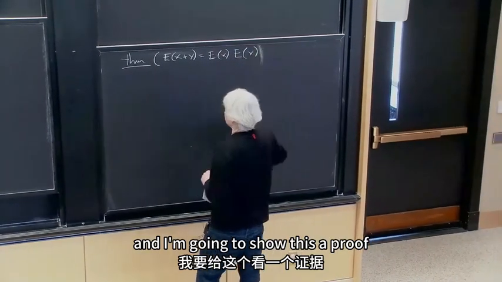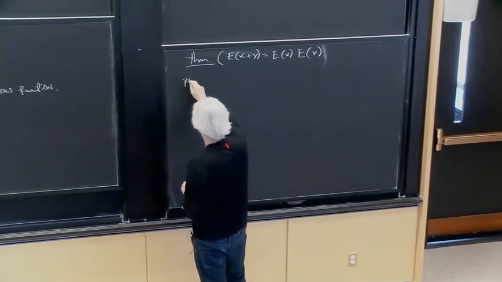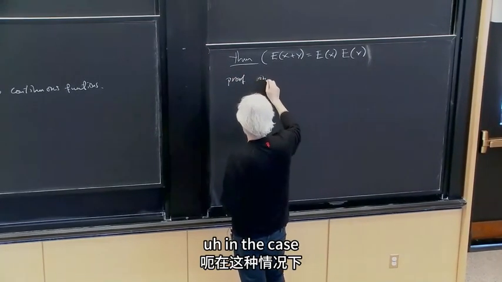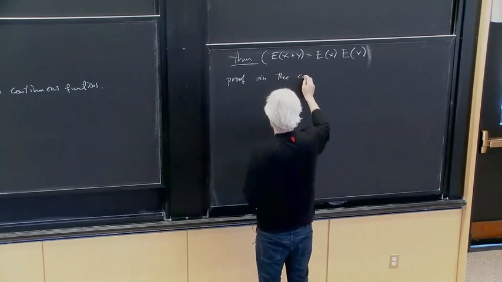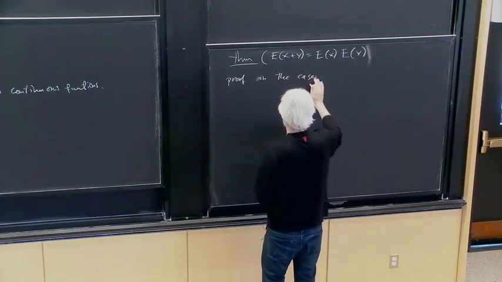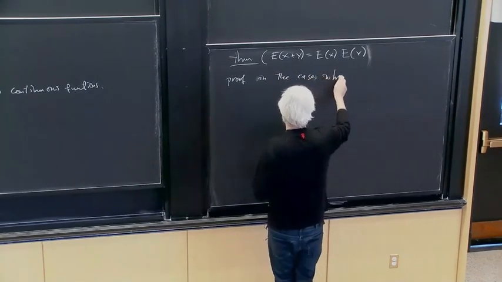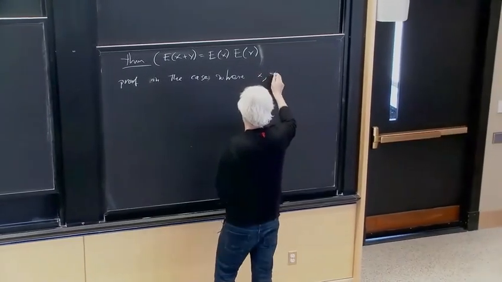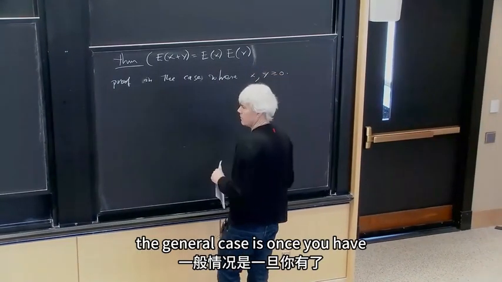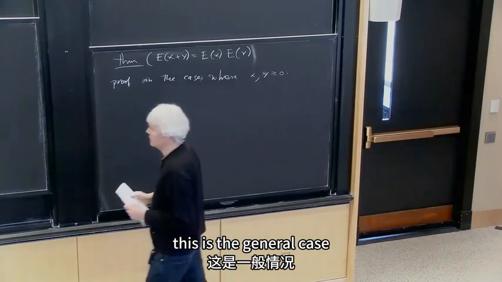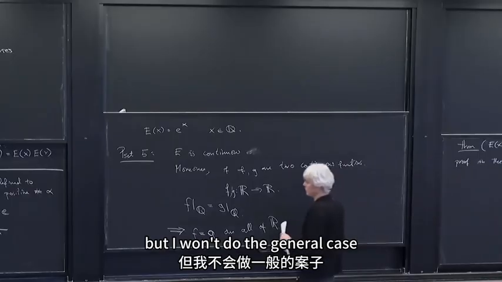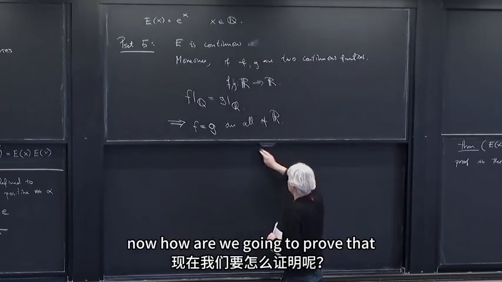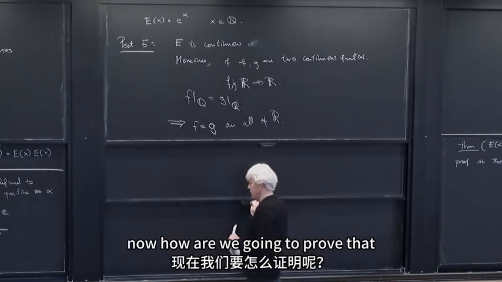And I'm going to show this proof in the case where these are non-negative numbers, both of them. The general case, once you have this, is not very difficult, but I won't do the general case. Now, how are we going to prove that?